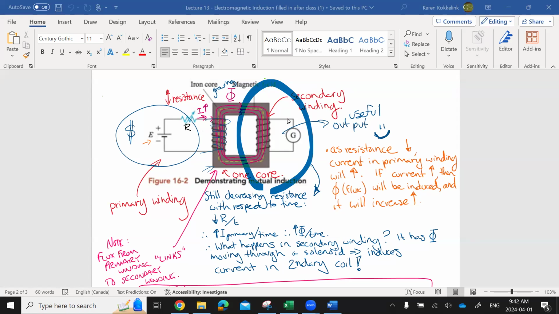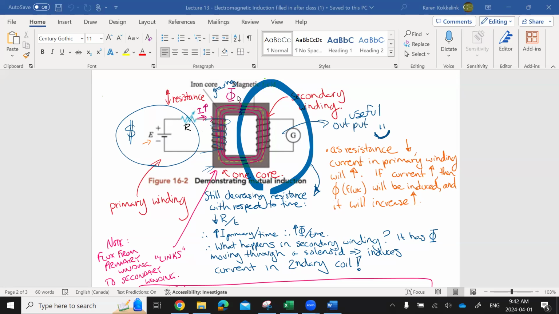Faraday's law of electromagnetic induction says that if there is a change in magnetic flux, not if there is a magnetic flux. Faraday doesn't care if there is a magnetic flux or no magnetic flux. Faraday cares if there is a change in magnetic flux.